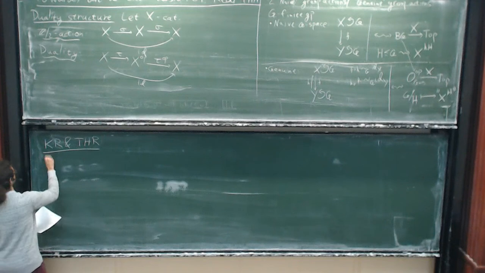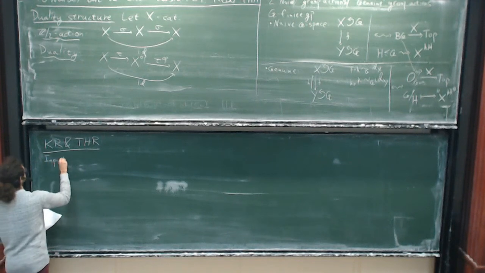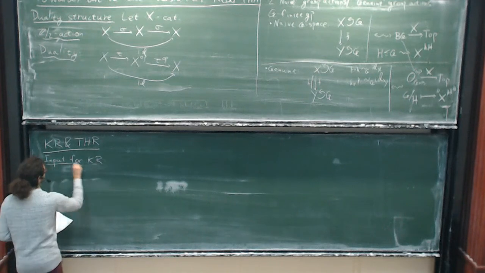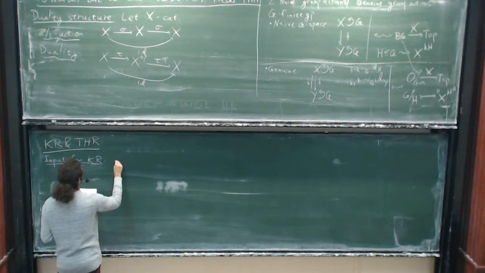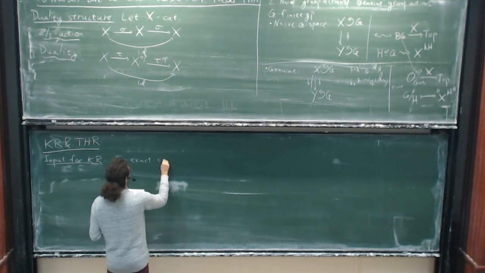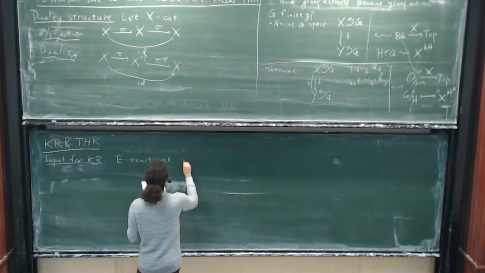So what is the input for KR? Let's call it E, an exact category with a duality structure.